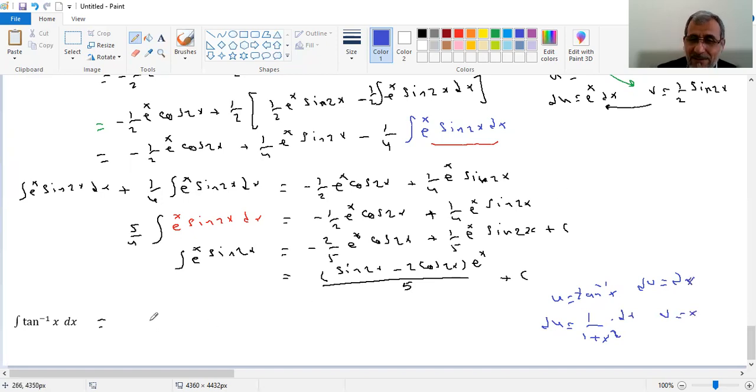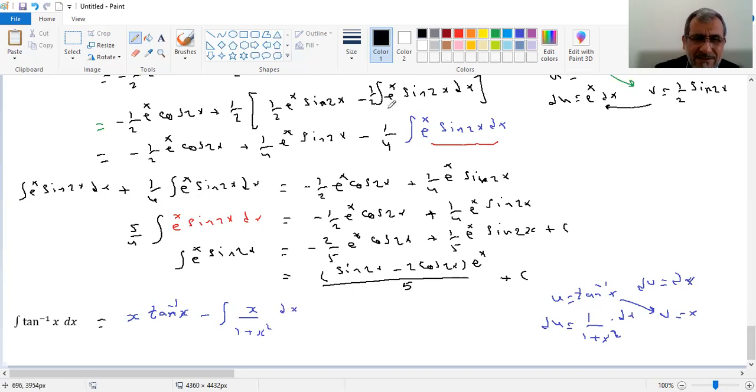Now uv, so then what do you have? You have x tan inverse of x, uv, minus the integral of v du. What the v du is x times 1 over 1 plus x squared dx.